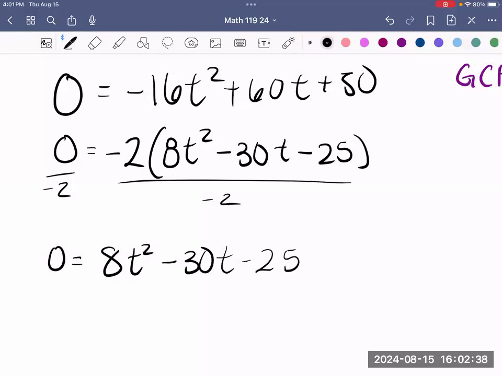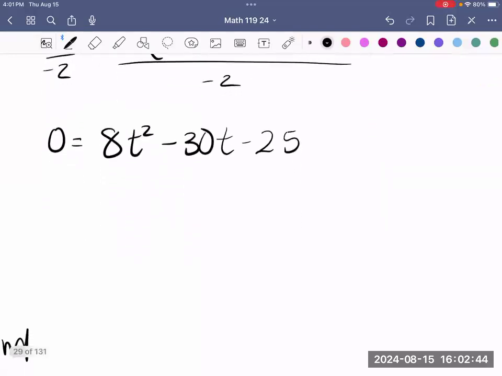So now let's go ahead and use your factoring skills. Is it factorable? Unfortunately, no. But let's try and use your ABCs. You have 8, -30, and -25. Again, I'm trying to give you manageable numbers here.